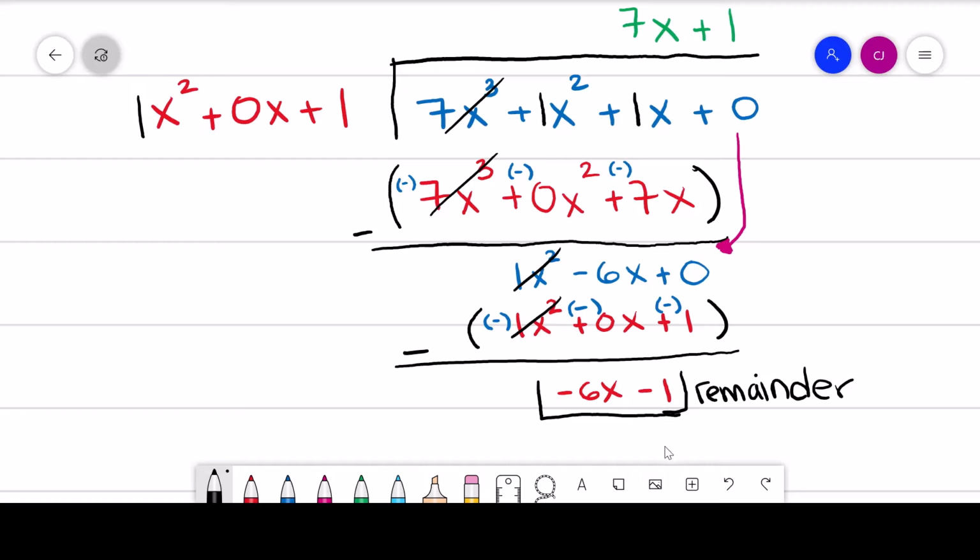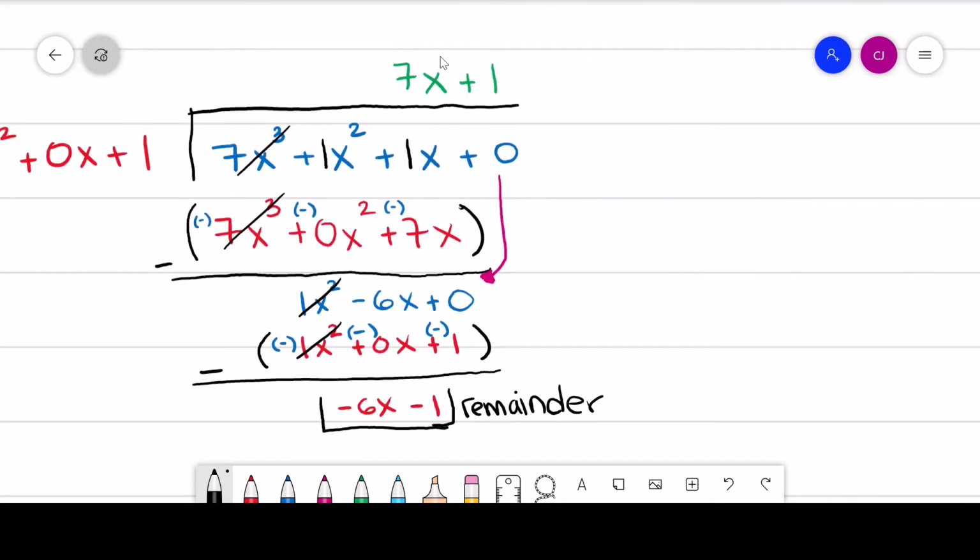When we're dividing polynomials, we take our remainder and write our divisor below it, kind of like a fraction, and I'll show you what I mean. So I have my quotient, which is 7x plus 1. I'm going to write my remainder up on top because I have to make sure I include that. And let me show you how that's going to be written.